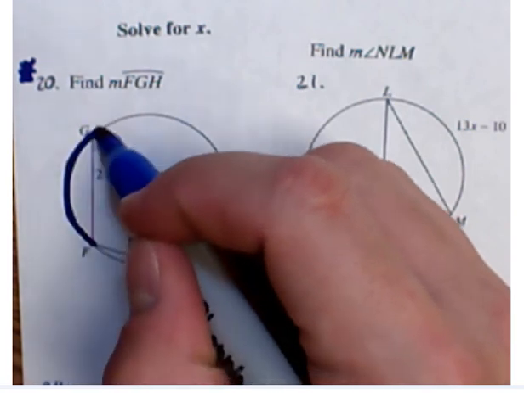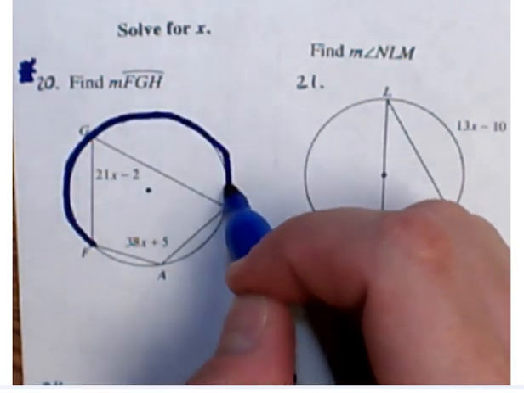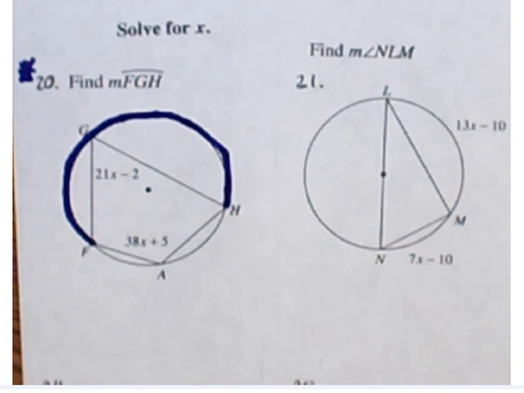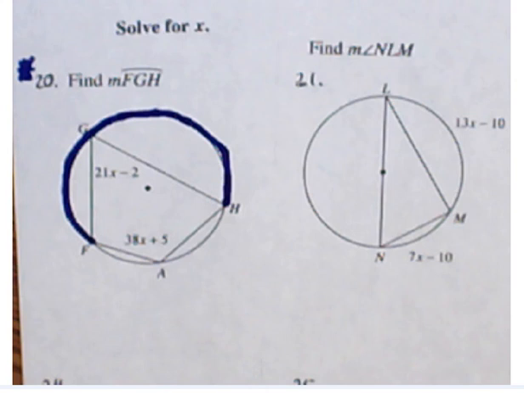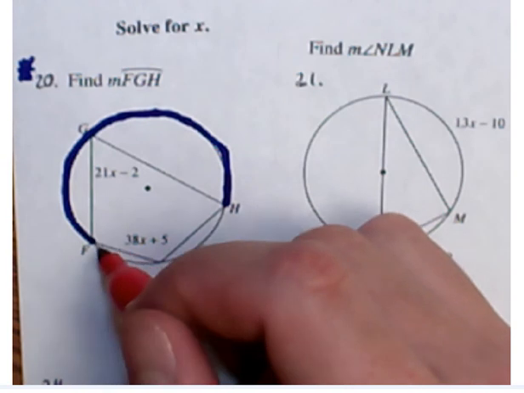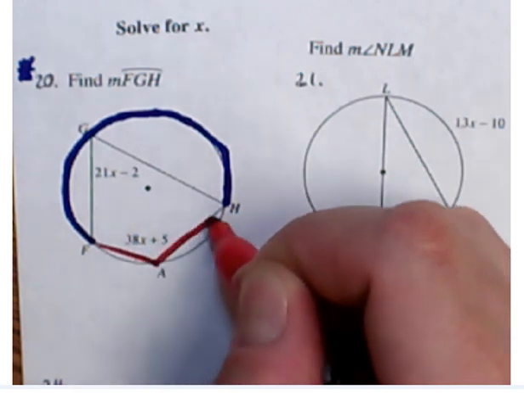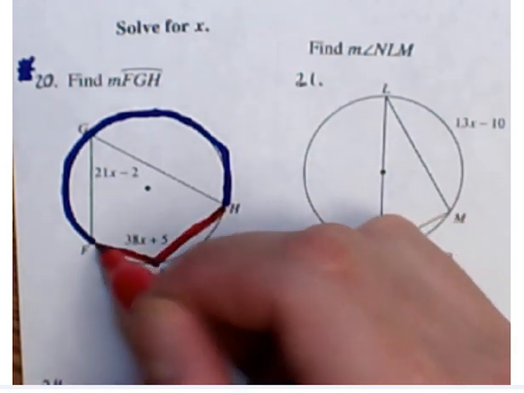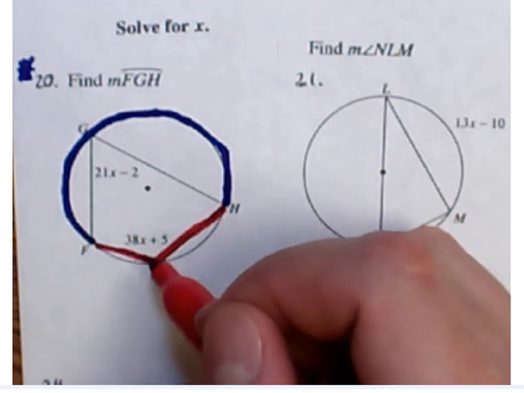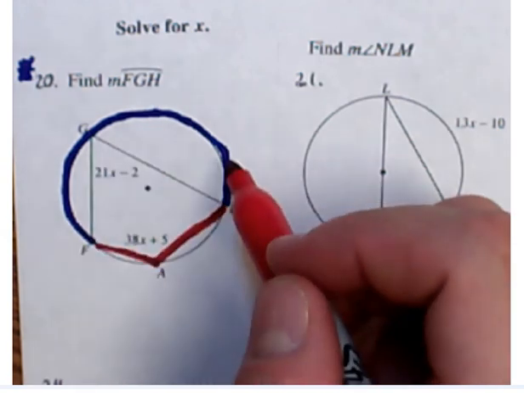F to G to H. All right, that's a big arc. That's a major arc right there. That's going to be more than 180. Now look at the angle that's going to create that arc right here. So its angle A is going to intercept this major arc.